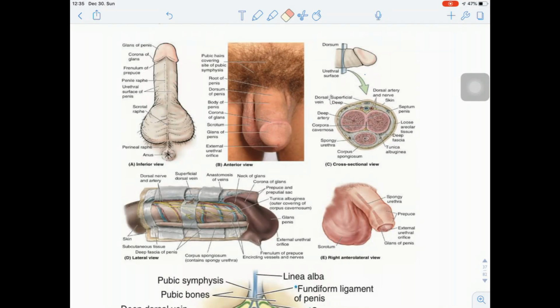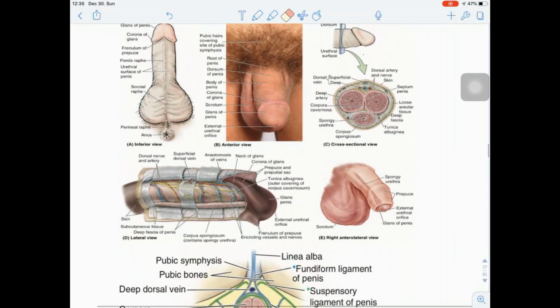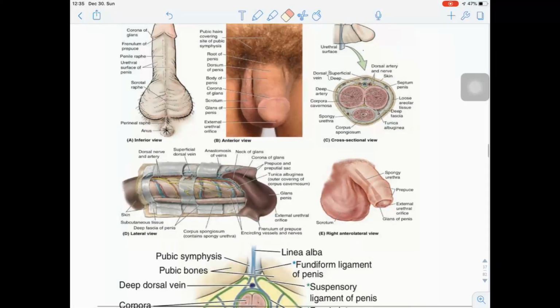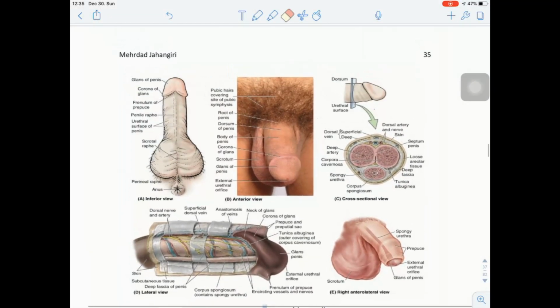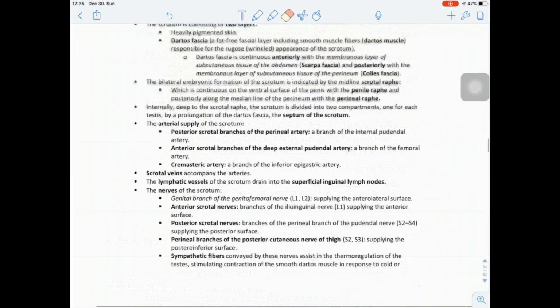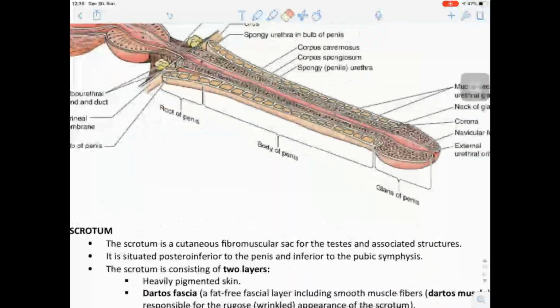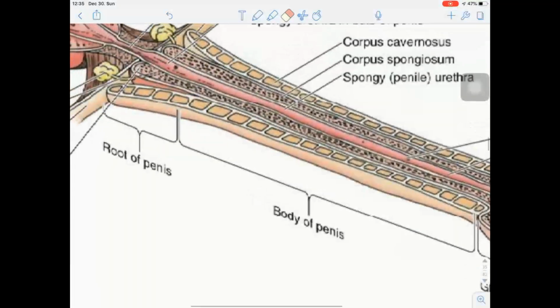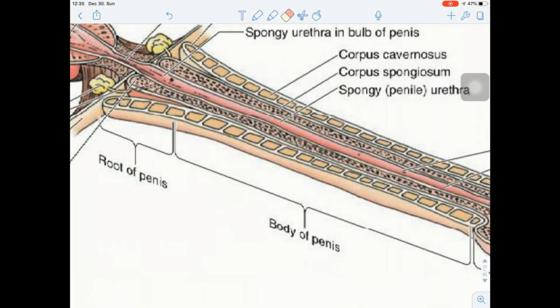It wasn't that hard. The next guy is the glans, the tip or the head of the penis. So how is the glans formed? This picture is good. Here we have the longitudinal cross section of the penis. These are the parts of the corpora cavernosa, and this is the corpus spongiosum, which contains the urethra running with it.